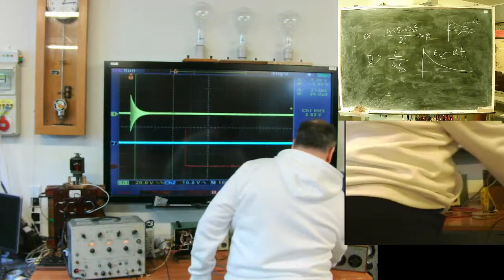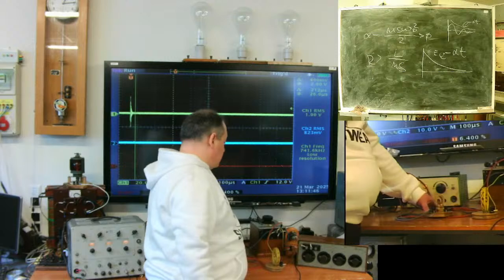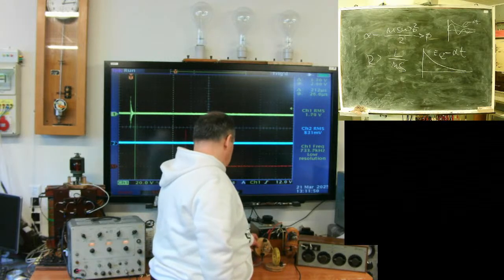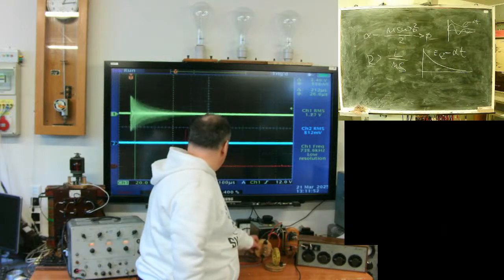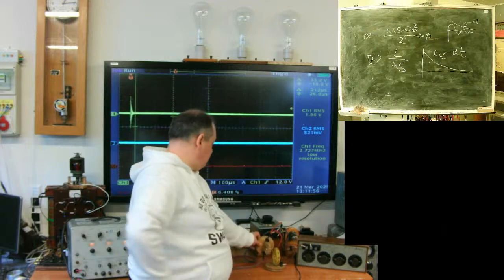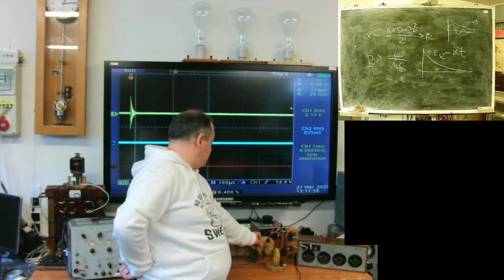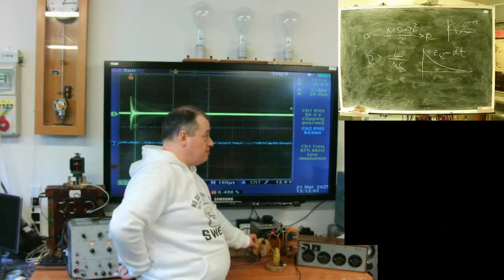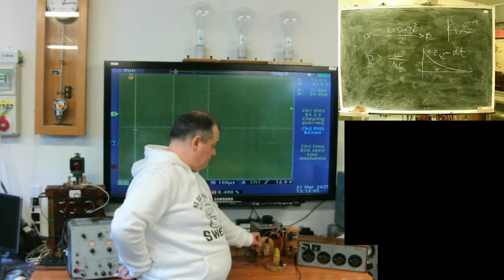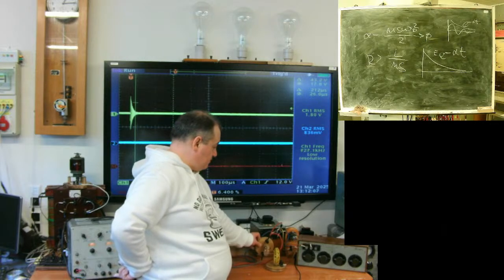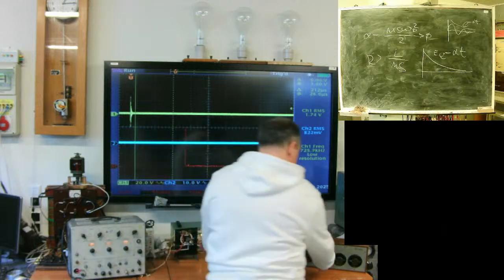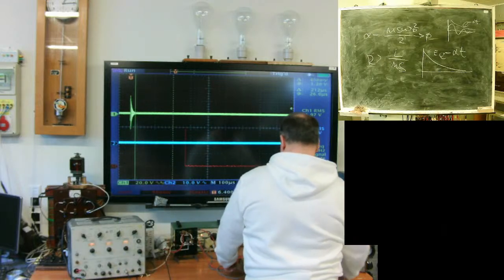With the plus 100 ohm. See, with added active resistance, the system is more stable.